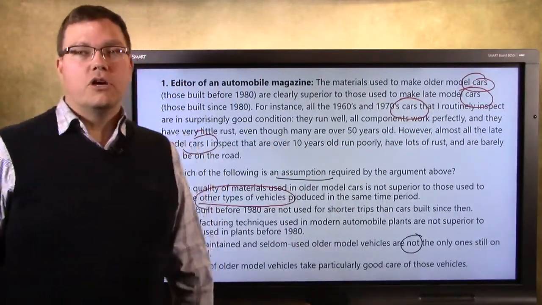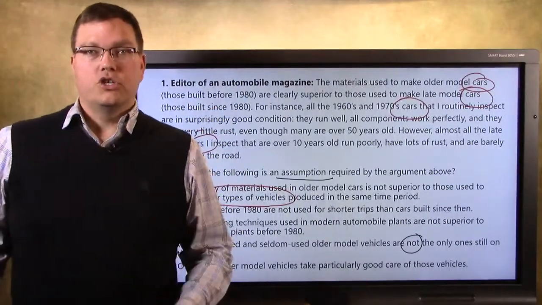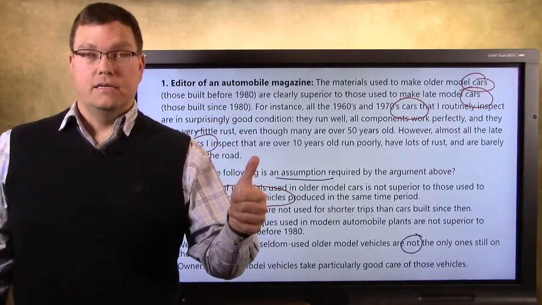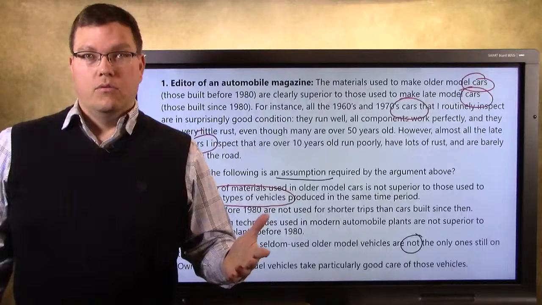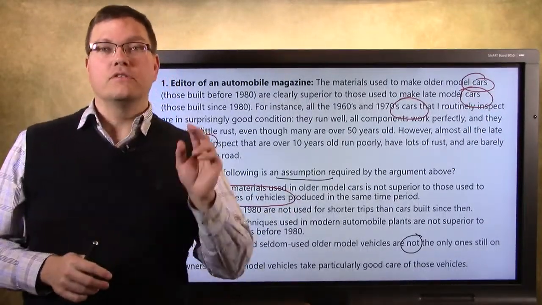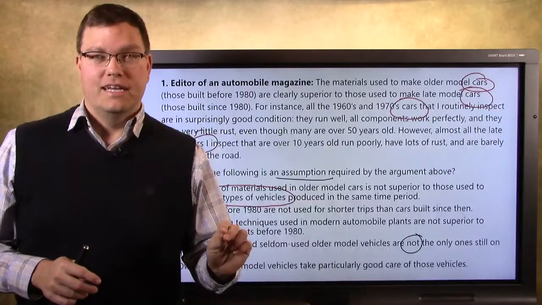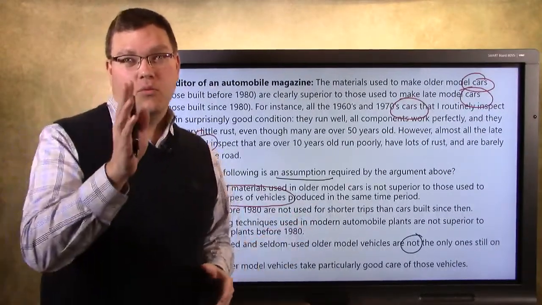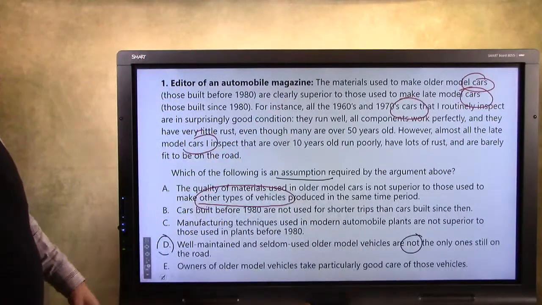It's all cars. So it's not other vehicles. So maybe buses are still running, right, from the 1960s or 70s. I rode on a bus once that had traveled 2 million miles, and it was still in good shape. But we're talking only about cars, okay?